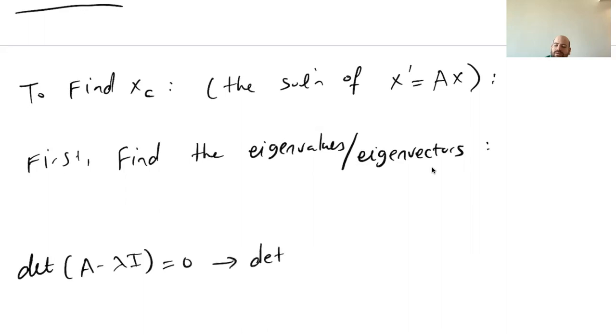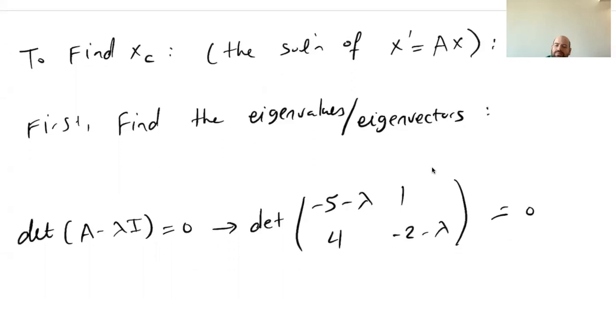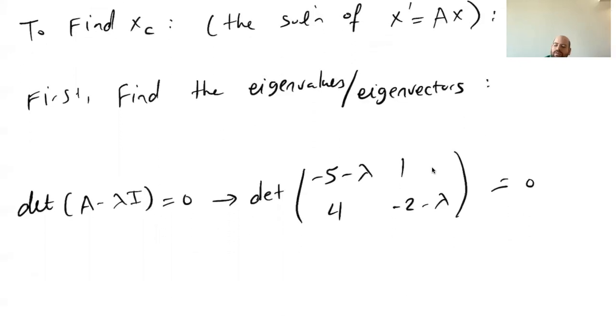That gives me the determinant of [-5 minus lambda, 1; 4, -2 minus lambda] equals 0. So if you solve this determinant equals 0, find the roots.